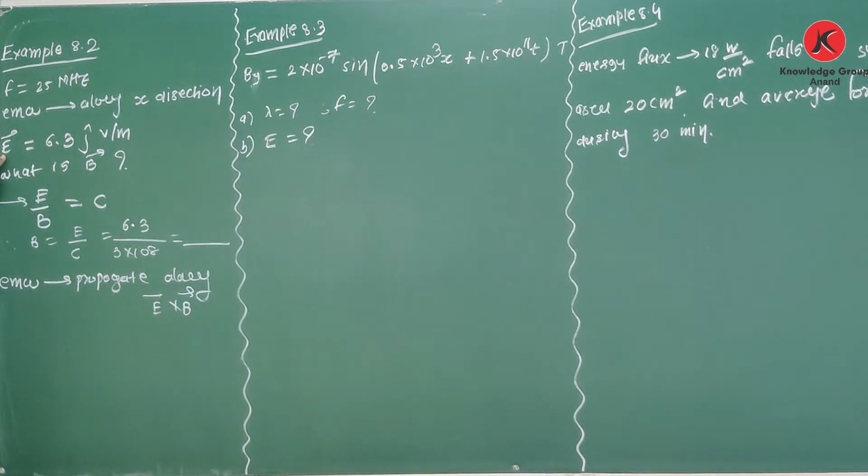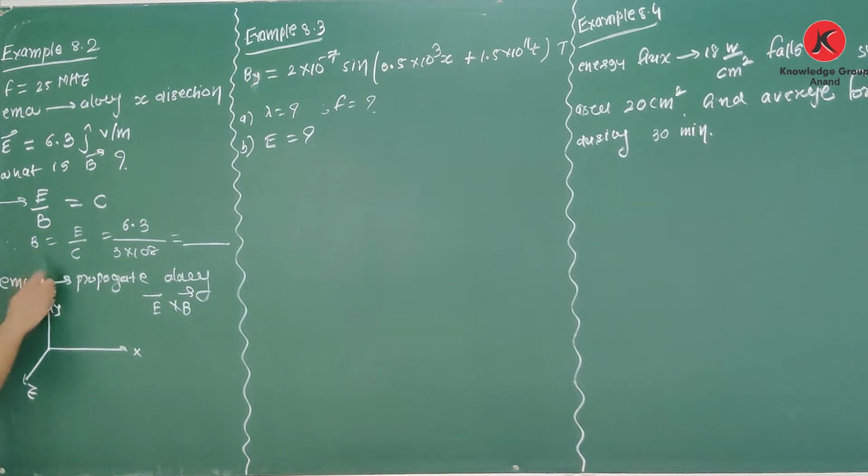So if the electric field is along the j direction, the y direction, what is the direction of the magnetic field? The electromagnetic wave is propagating in the x direction. Suppose this is the x direction, this is the y direction and this is the z direction. Here E is in the y direction. If the magnetic field is along the z axis, then the electromagnetic wave is propagating in the x direction.